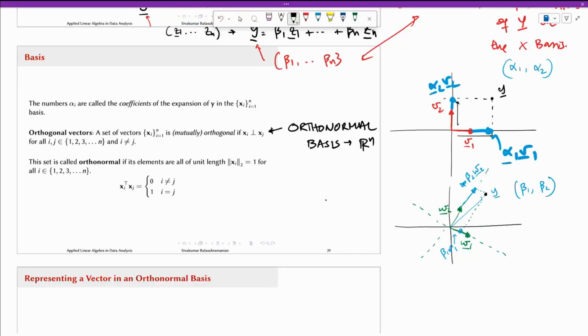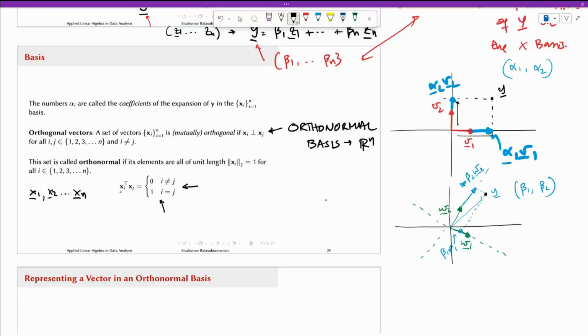That means their second norm is 1, and they're all mutually orthogonal. They're all orthogonal to each other. That's essentially what is written here. If you have an orthonormal basis for Rn, and let's say those basis vectors are x1, x2 to xn, then they satisfy this property.